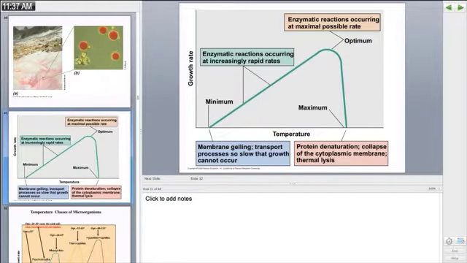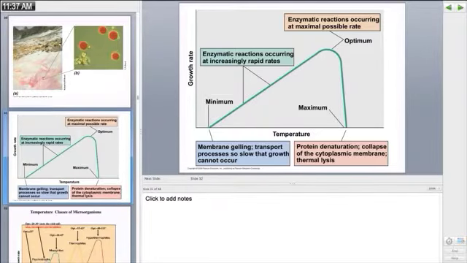At high temperatures, notice that the optimum temperature is never very far away from the maximum temperature. Most bacterial species, once you're at the optimal temperature, you can't go up more than 5 or 10 degrees. And then suddenly, boom, the cells are going to just die. They're not going to be able to reproduce. This is also very easy to visualize because you all understand how proteins denature at high temperatures.